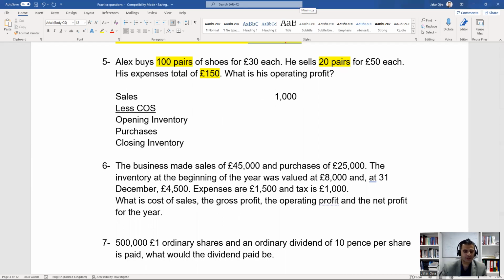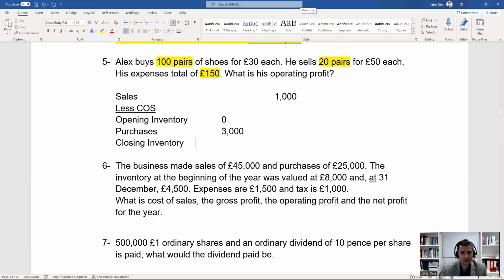What is the opening inventory? The opening inventory is 0, because we have no opening inventory in the question. The amount of purchases is £3,000. Why? Because we bought 100 at £30 each, so 100 times 30 makes £3,000.